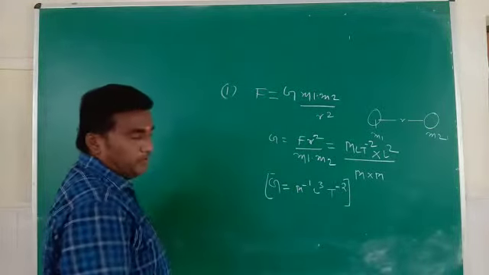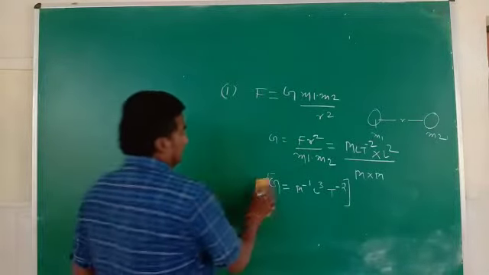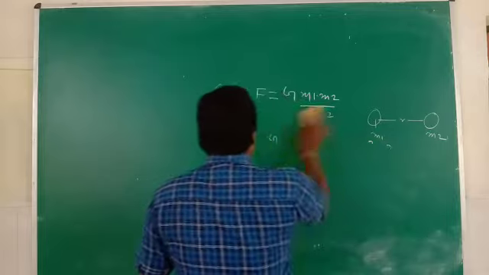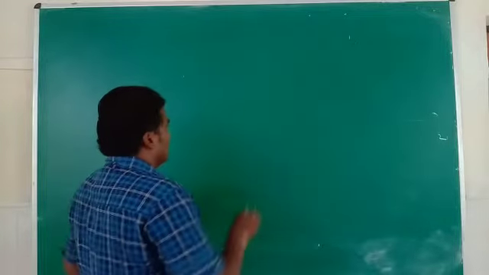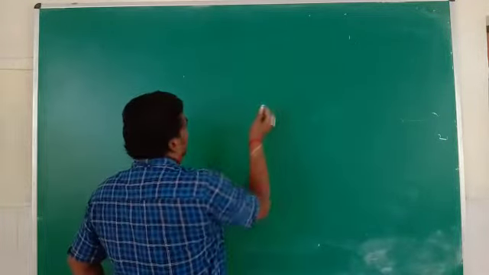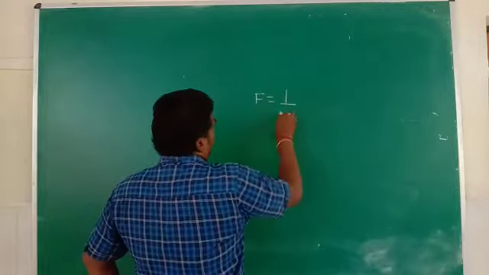We identify another dimension, using Coulomb's law, to find the dimension of epsilon naught.